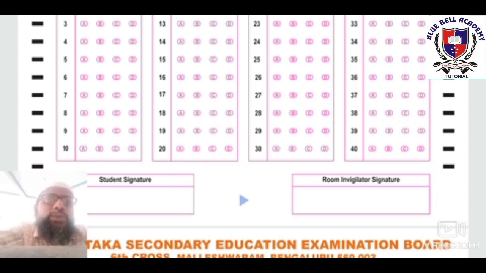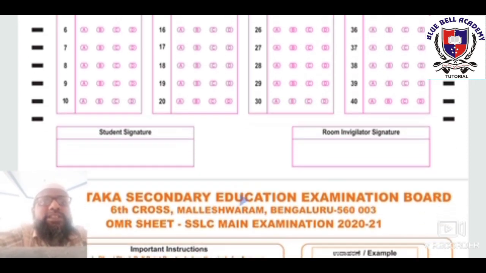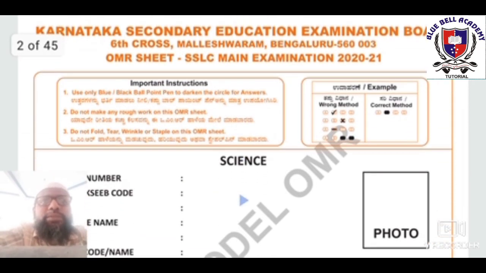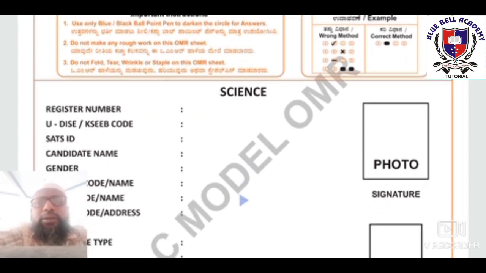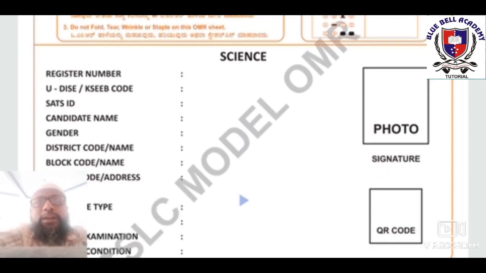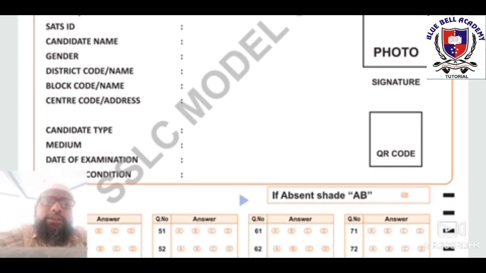Next, the student signature is to be mentioned on the left side, and the room invigilator signature is also mentioned. The same instructions apply from question number 41, and the same format is given for the orange sheet as well.